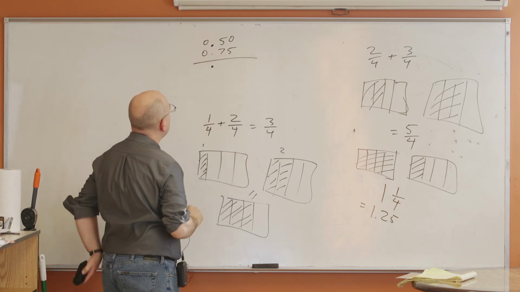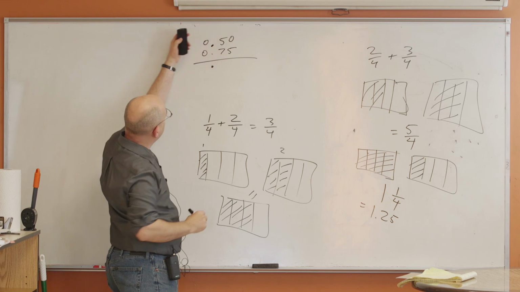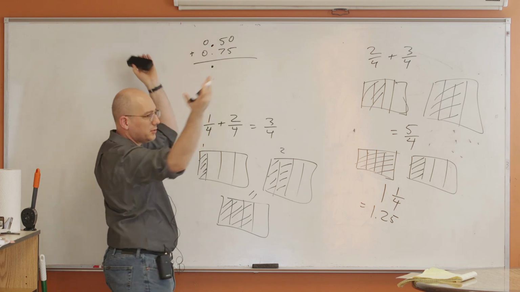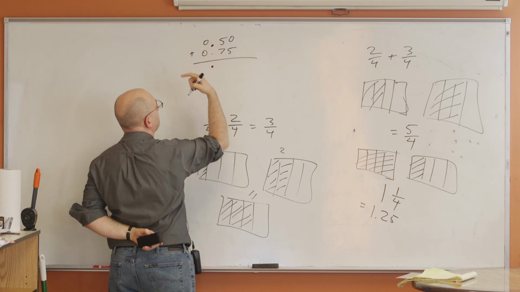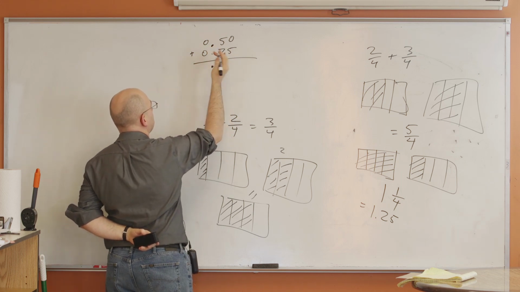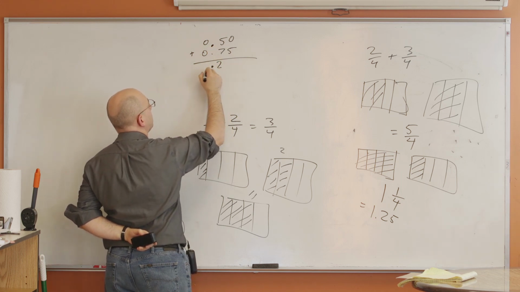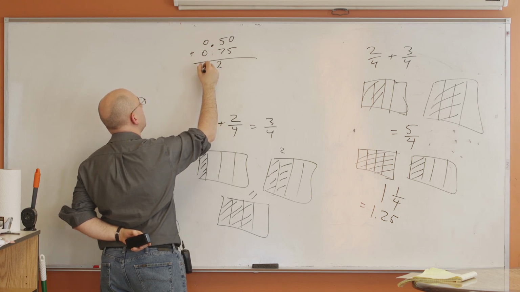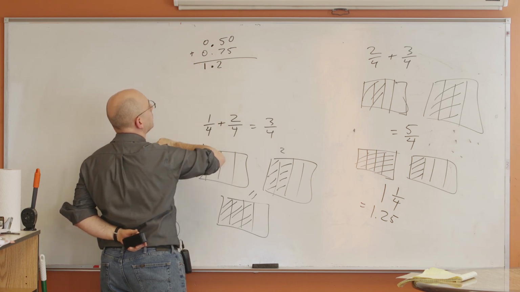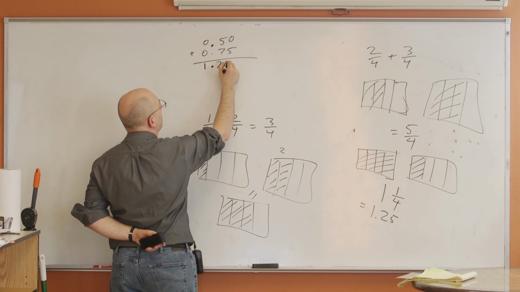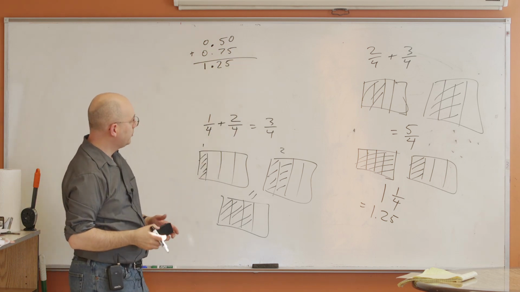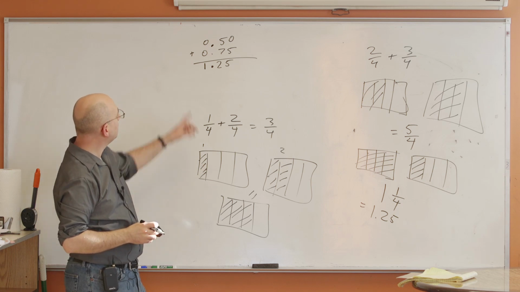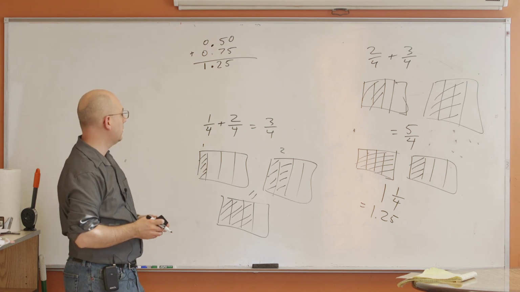And to add it, you just add it like we've been doing. 5 and 7, well, that's 12. So you put a 2 here, and a 1 over here, and then you add up that one, and you get your 5. One reason why we like decimals is because you can add them up like that, real nice and easy.